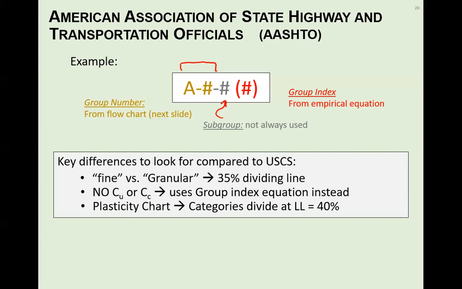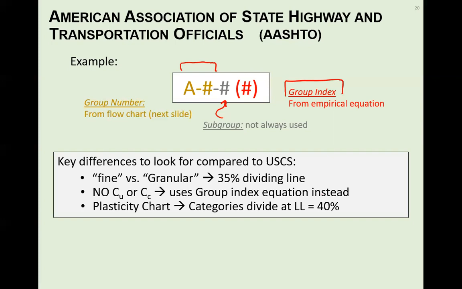So you have more options of fine material than granular material. There is no coefficient of uniformity or coefficient of gradation from the grain size distribution plot. Instead, they use this group index equation, which tells us basically if it's well graded or poorly graded.